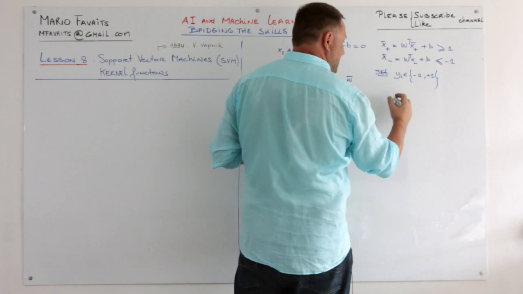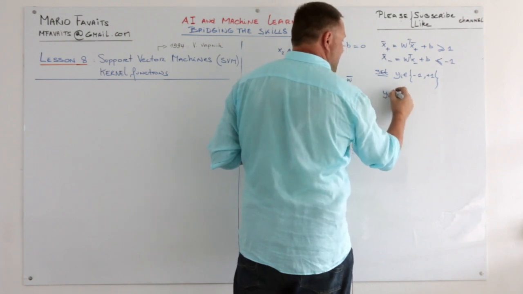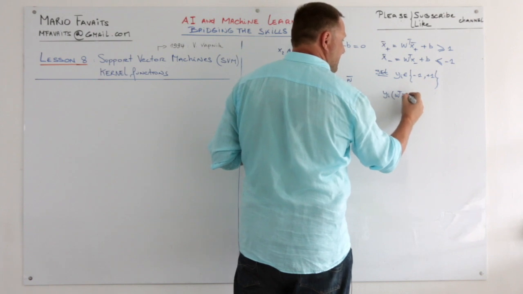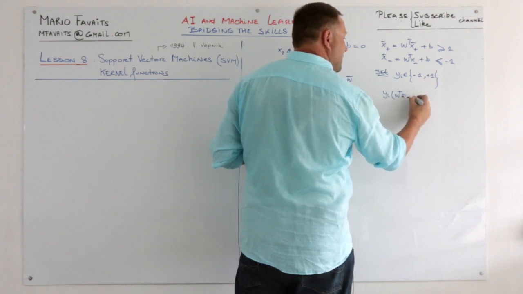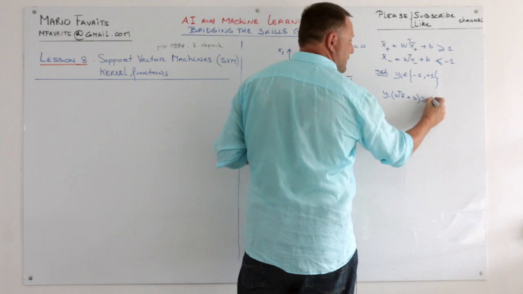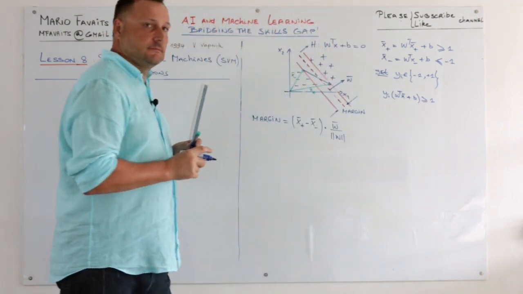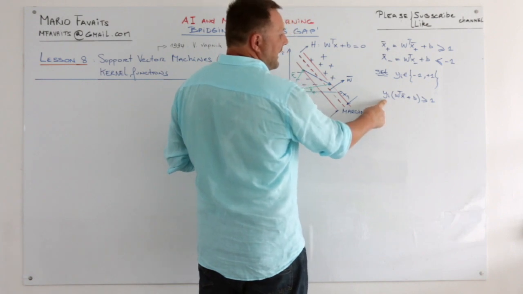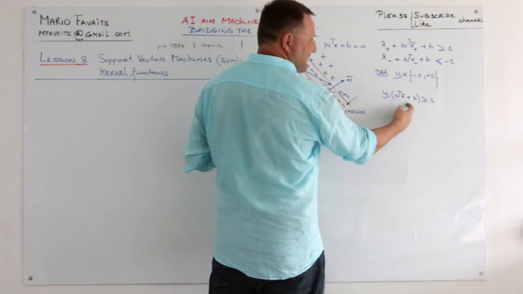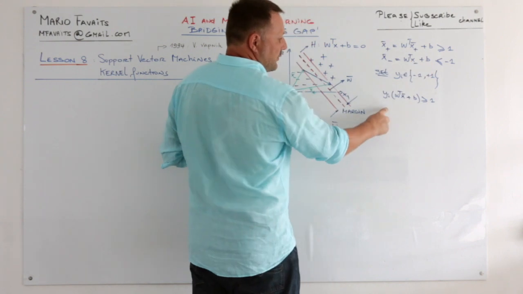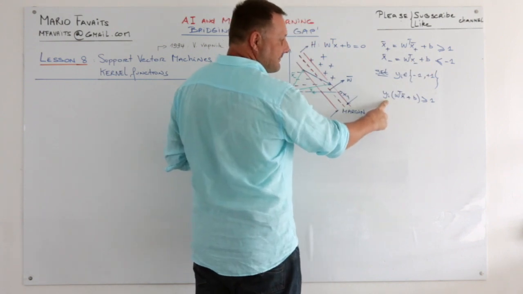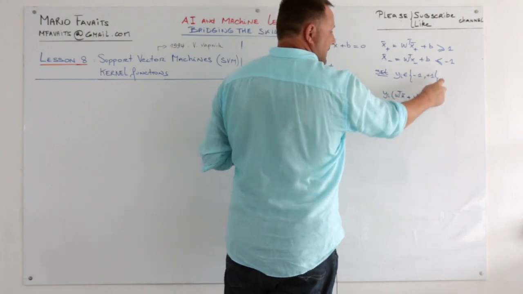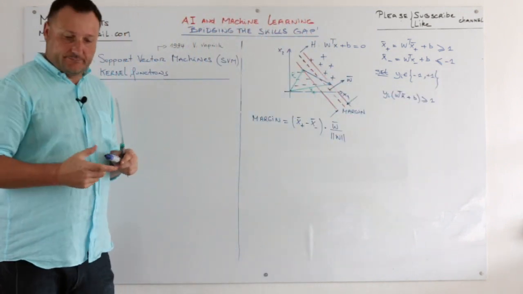So that means I can now say that yi times W transpose x plus b is greater than or equal to 1. Because when yi is positive, then you have exactly this equation. When yi is negative, then this changes and it becomes minus 1.